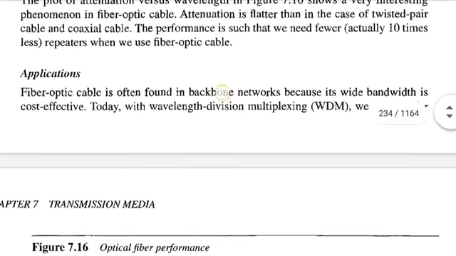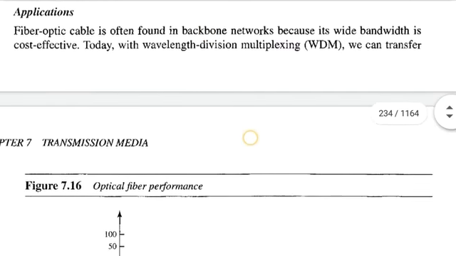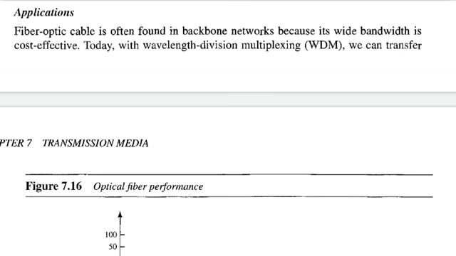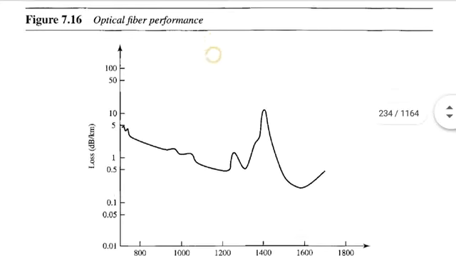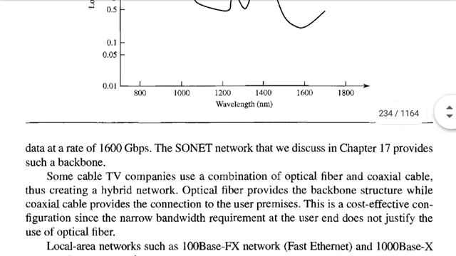Applications. Fiber optic cable is often found in backbone networks because its wide bandwidth is cost effective. Today, with wavelength division multiplexing, we can transfer data at the rate of 1600 Gbps.